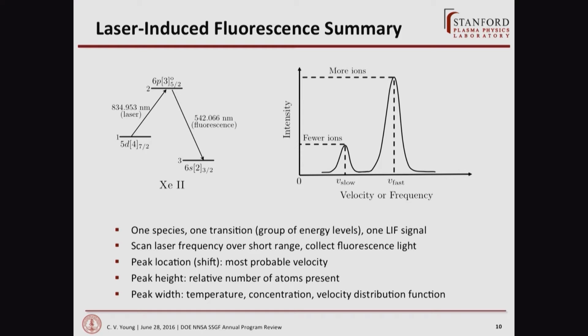So we can use the relative peak heights to get at the density or concentration of the absorbers that are present. And again, the peak shift tells us something about the velocity. In some cases, we'll have one main ion population. In some cases, we might have two populations, and that would come up as two peaks.